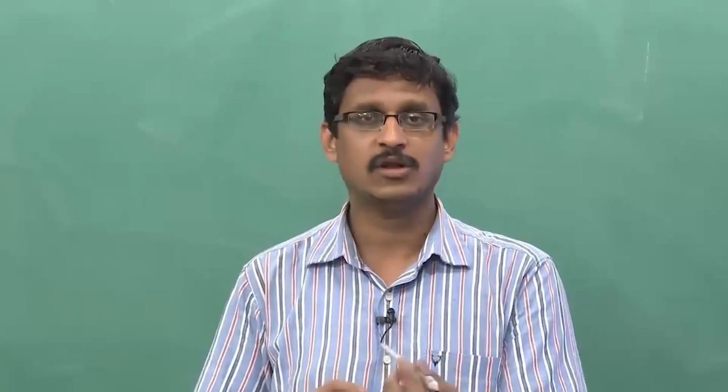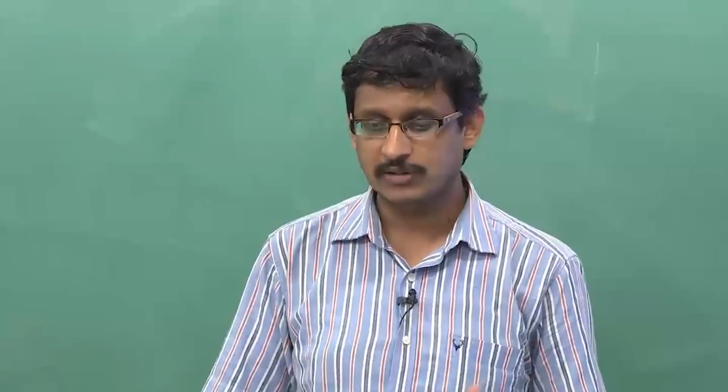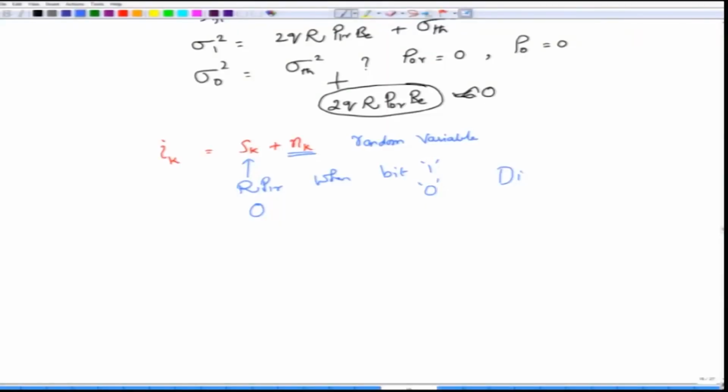So we can determine the fluctuation of the noise process. You can learn more about these random variables in other courses, or you can refer to the chapter on probability and random processes in the book Digital Communications by Simon Haykin.